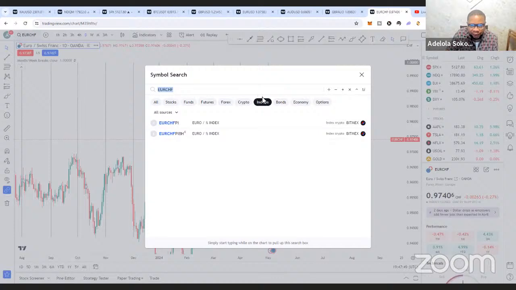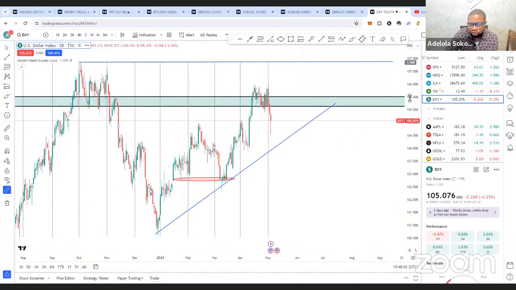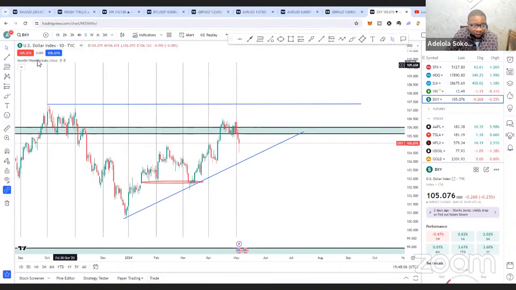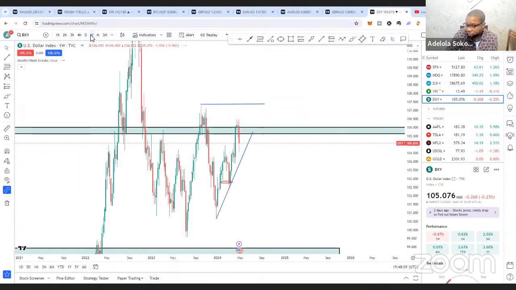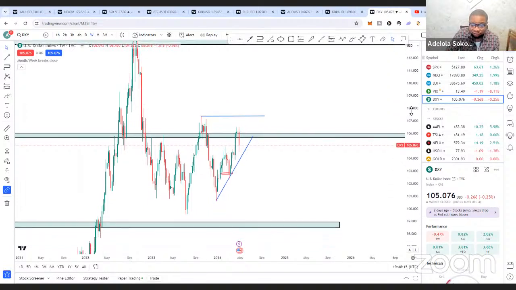Okay, let me look. Somebody said we should look at the US index. That's DXY, right? Okay, so DXY is pulling back right now, but don't forget that it's been bullish, and then it's bearish now.